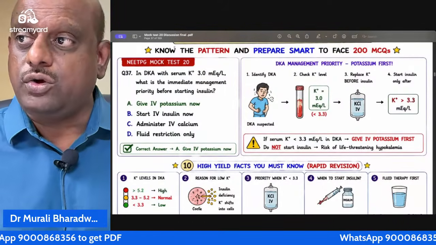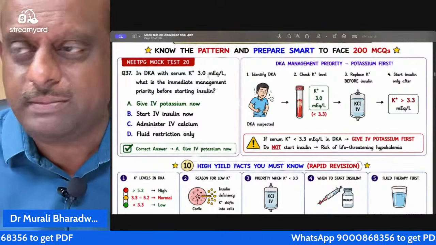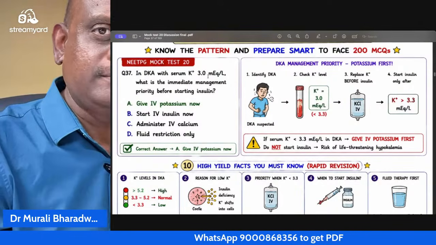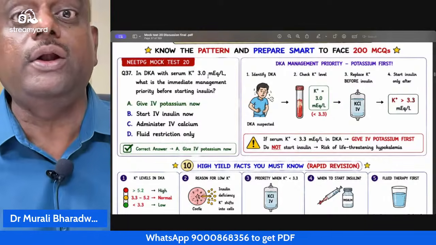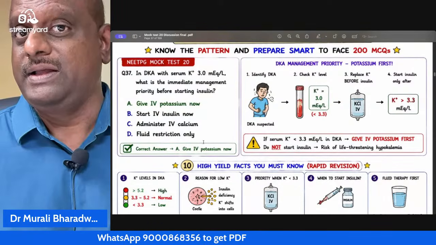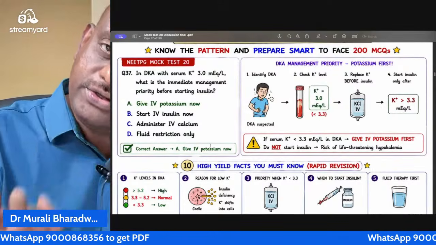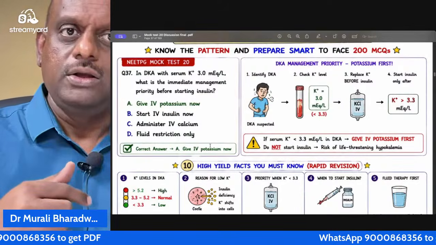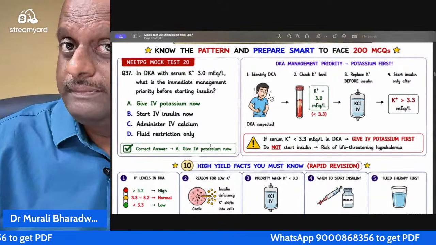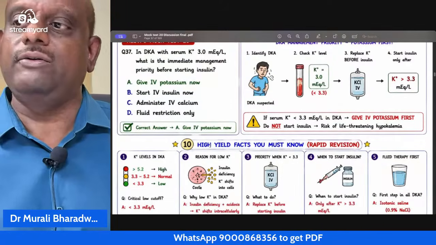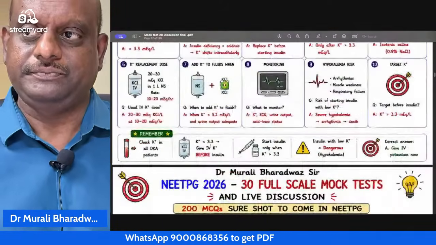That's the reason, even though potassium 3.0 is normal, the moment you give insulin, it will suddenly fall down. That's the reason you need to give IV potassium either after starting the insulin, or if potassium is already low, before starting the insulin is what we have to basically remember.